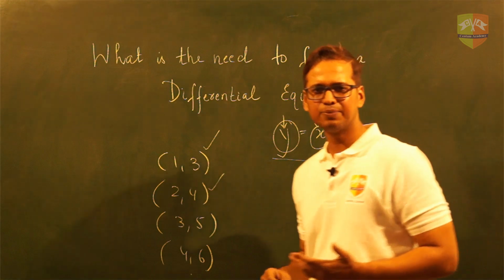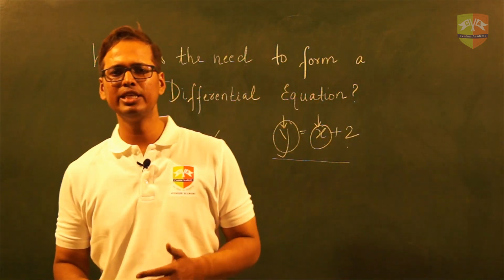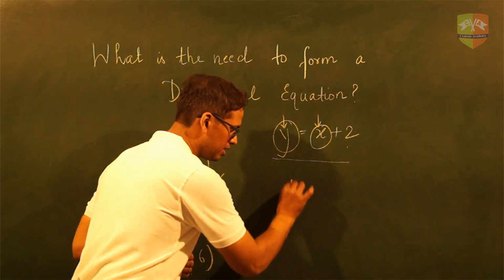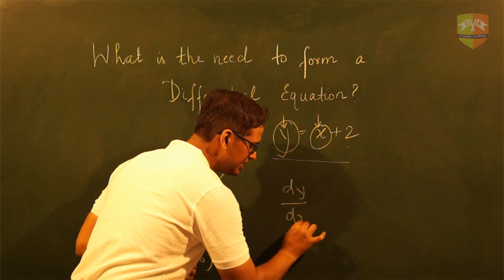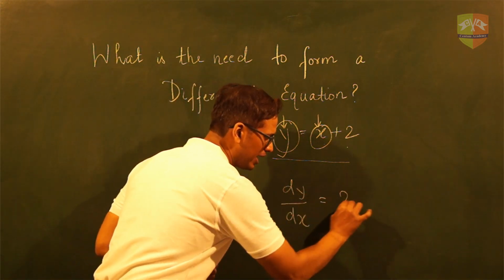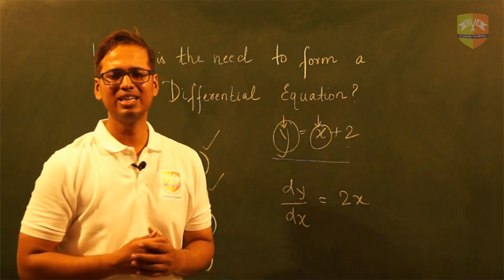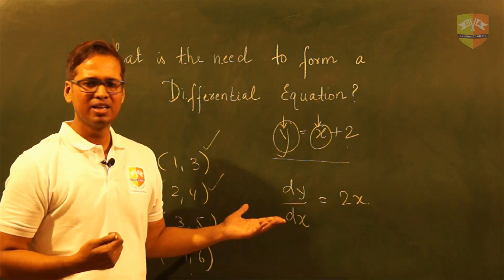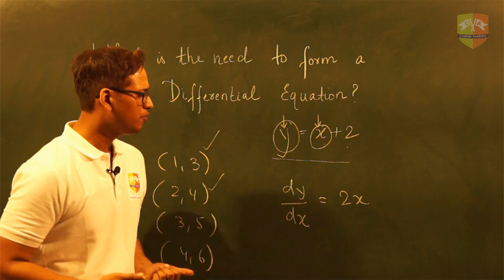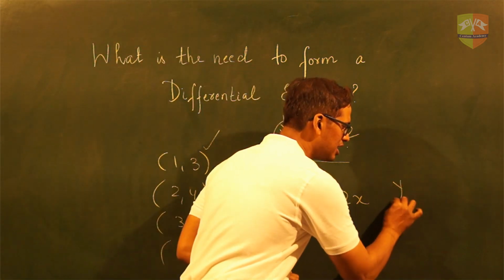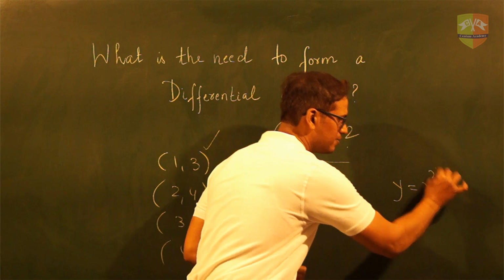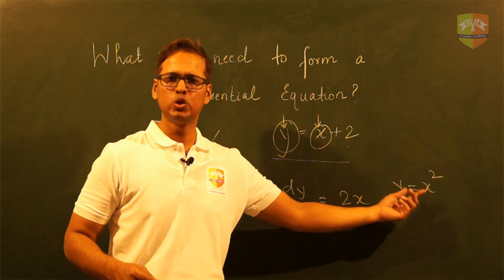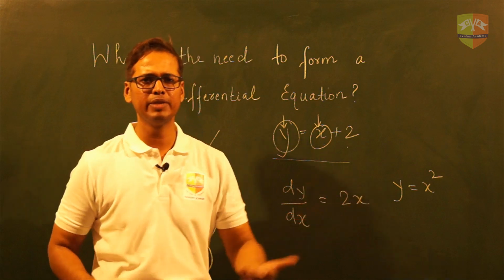In a similar way, even for differential equations, if I ask you this question, dy by dx is equal to, let's say, 2x, this is actually a differential equation, correct? Now if I say this is a differential equation which is valid for the curve y equal to x square, everybody knows when we find the derivative of x square with respect to x, my answer will be 2x.